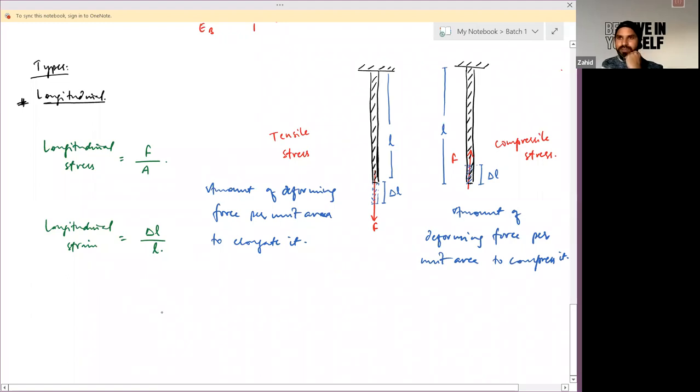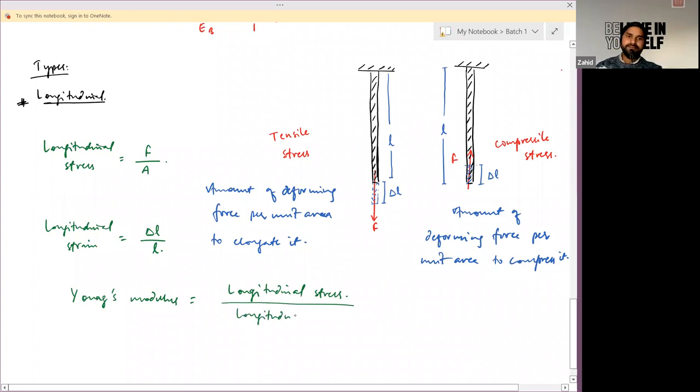Now, if you divide these two terms, it defines a modulus of elasticity, and in this part, along its length, it is called Young's modulus. So Young's modulus equals longitudinal stress divided by longitudinal strain.